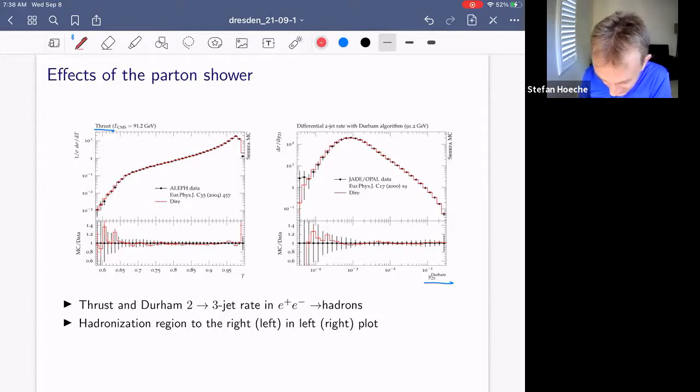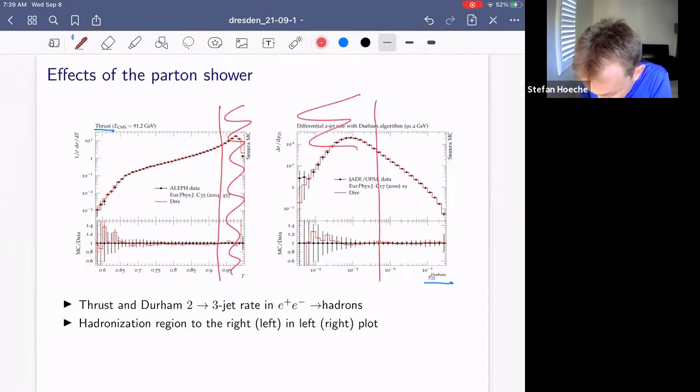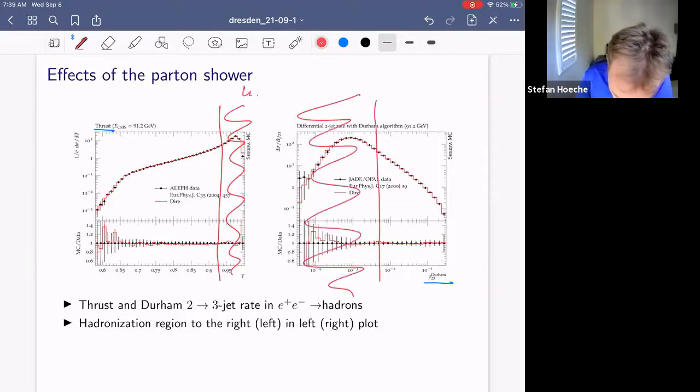So there is certainly a region where only, or mostly, hadronization is important. In the left distribution, it is roughly the region here. In the right distribution, it is roughly the region here. So they are dominated by hadronization.